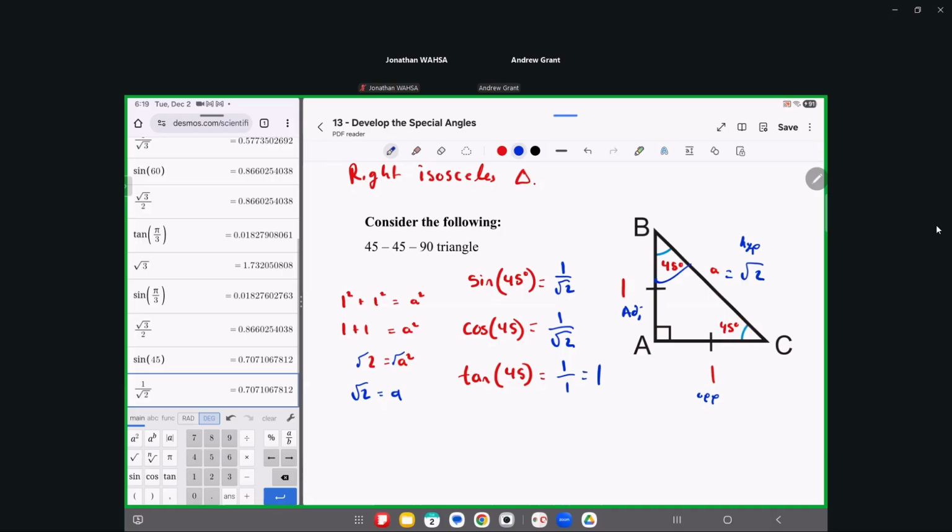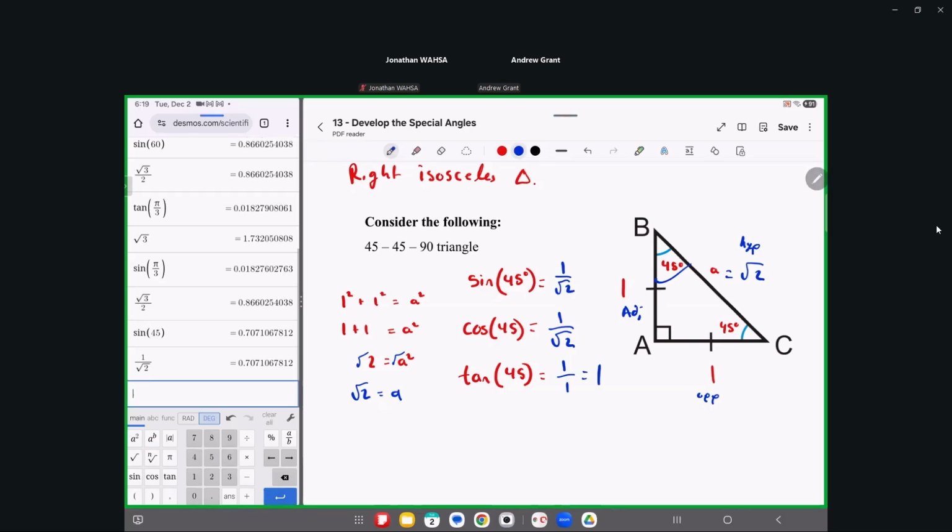The reason why tan of 45 degrees is equal to 1 is because its opposite and adjacent sides are the same length, therefore the ratio between them will be 1. And so if we type in tan of 45, that's why we get 1.